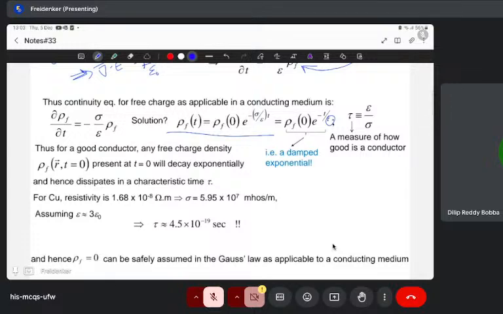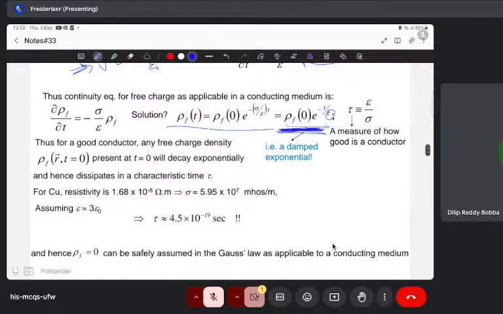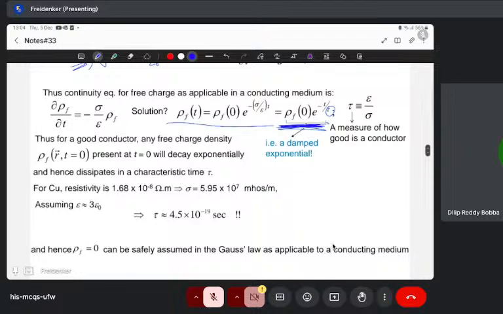You get it from here, this one. So if the conductor's free charges are able to dissipate in a short amount of time, then that is a good conductor. If it's taking a lot of time, then that is a bad conductor. It means the charges are not willing to move.